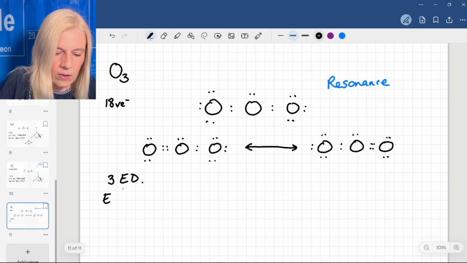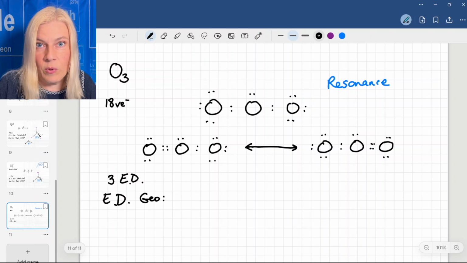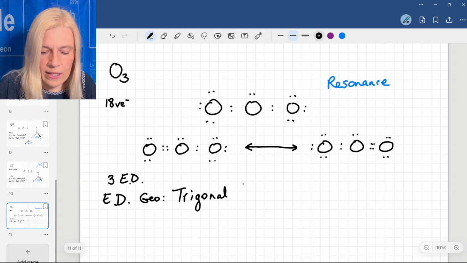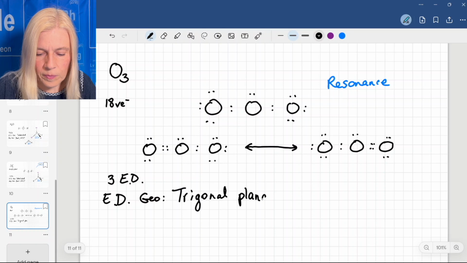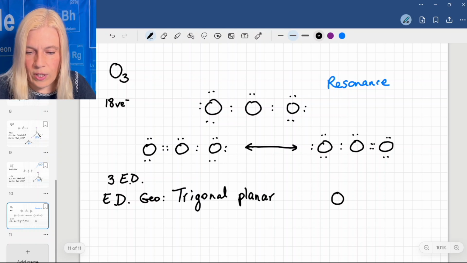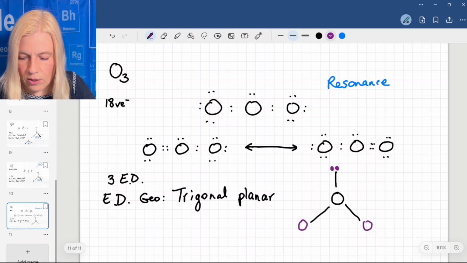So electron domain geometry is, remember when it was 3? Trigonal planar. And it's like this, 1, and then we have 3 electron domains, 1, 2, 3, and one of them has that lone pair, and then we have oxygen here and oxygen here.